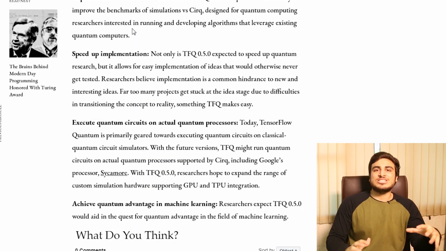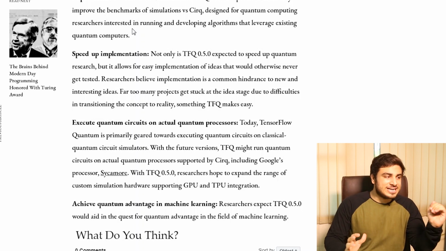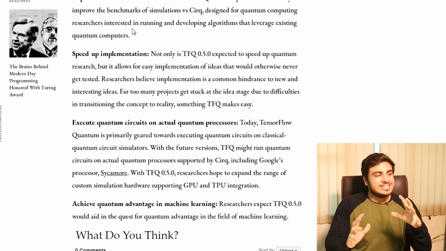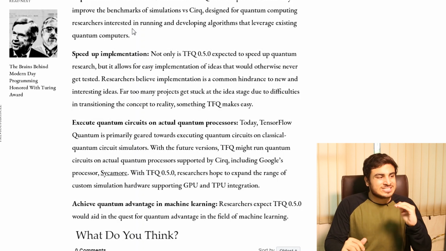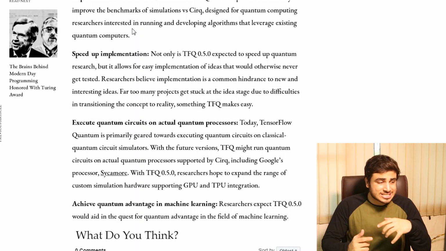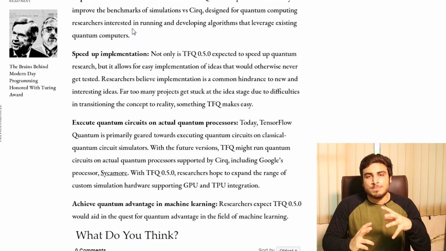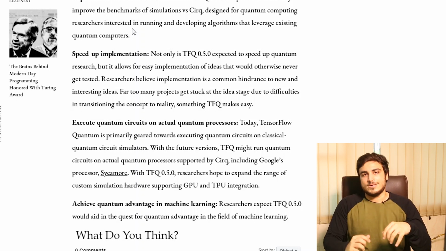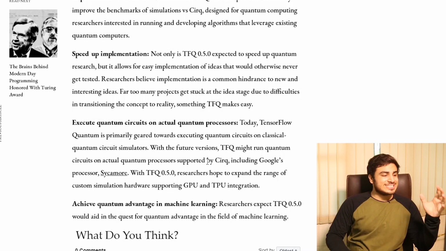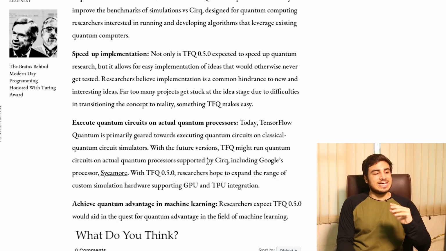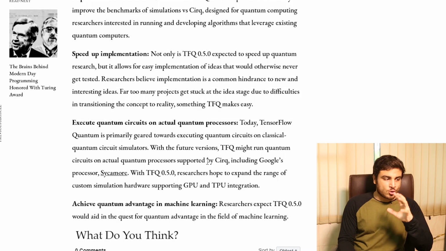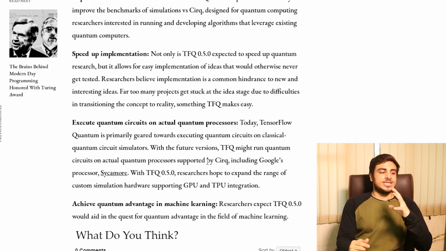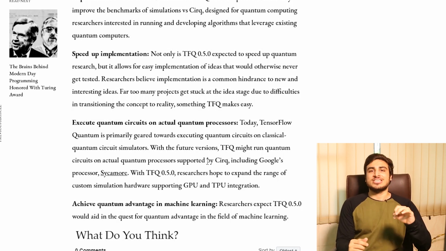Another expectation is that it will speed up implementation. Not only is TFQ 0.5.0 expected to speed up quantum research, but it allows for easy implementation of ideas that would otherwise never get tested. And finally, the most important thing that researchers are expecting is that TFQ 0.5.0 would aid in the quest for quantum advantage in the field of machine learning.